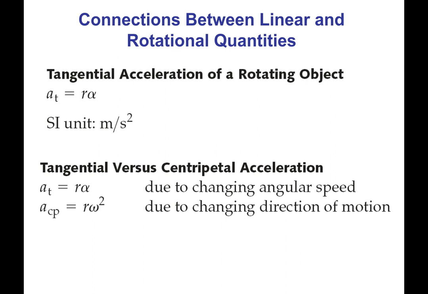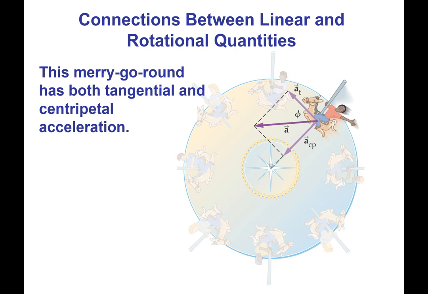Your centripetal acceleration is due to the change of direction of motion. Those are the two big things between tangential and centripetal, and also where it is. If you have a curve, your tangential would be going straight out. So that's your tangential acceleration. Your centripetal is going towards the center. Remember, centripetal acceleration always goes towards the center of the object. So, making connections between your linear and your rotational quantities.